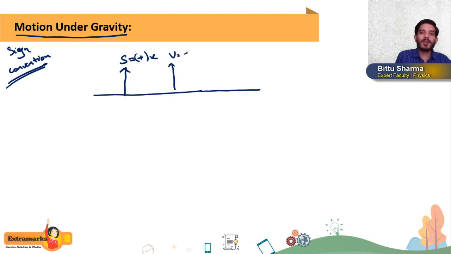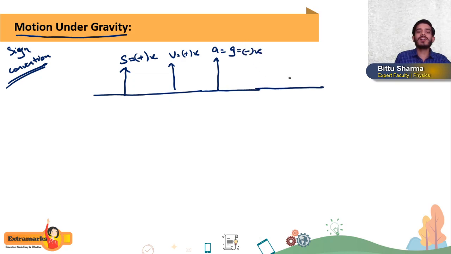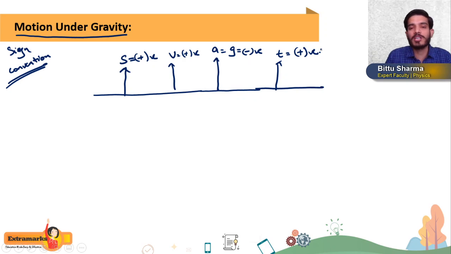Velocity we will always take positive. Acceleration due to gravity we will take negative. Remember this: acceleration due to gravity will always be negative. And time will always be positive, whether the body is moving upward or downward. Getting or not? Time is always positive.